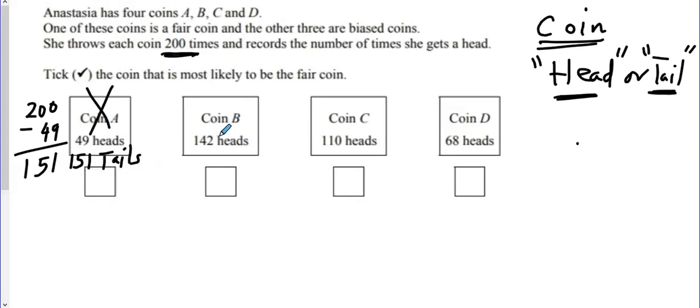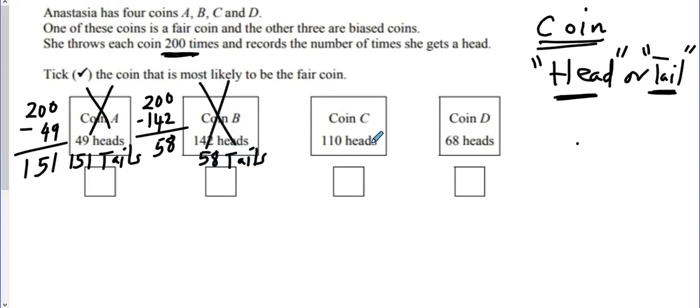How about this one? We do the same thing, 200 minus 142. You can see that we have only 58 tails. Now, out of 200 times, we have only 58 tails.